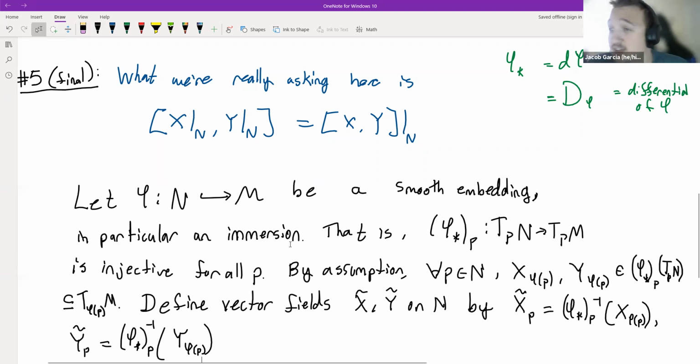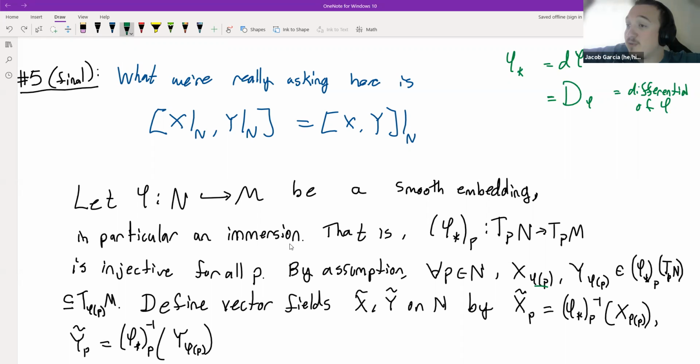So what is it that we've done? A bunch of formalism. We have very concretely written what it means for a vector field on M to restrict to a vector field on N. X and Y are vector fields on M, and if I look only at the points where the vector field is defined on N, that's what phi of p is, all of the points that we identify with N, then those should be tangent to N, and therefore I can pull back those vector fields to get vector fields on N. So now I'm viewing N and M as two different spaces.